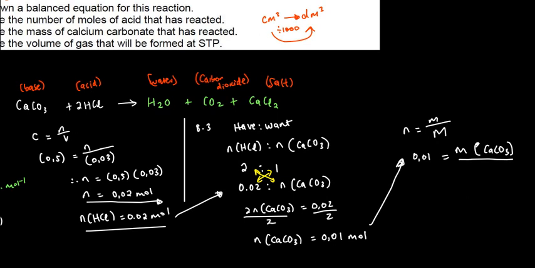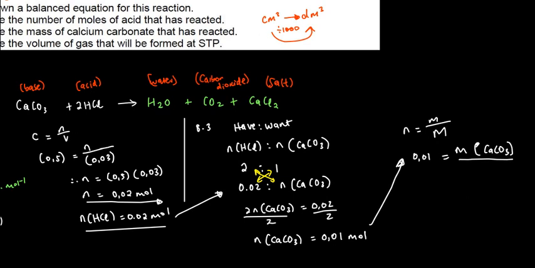Calcium. So let me grab my calculator. Yes, calcium is 40, carbon is 12, oxygen is 16 multiplied by 3 because of the subscript.